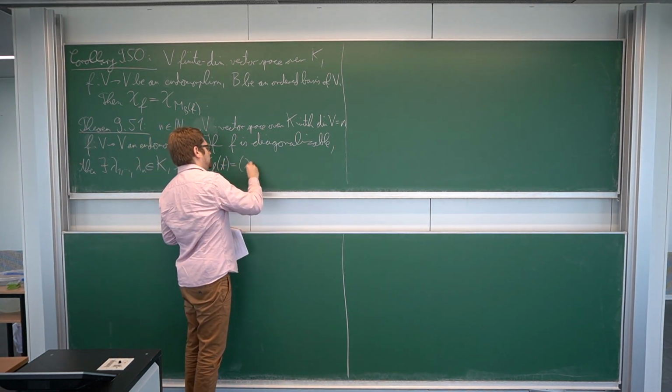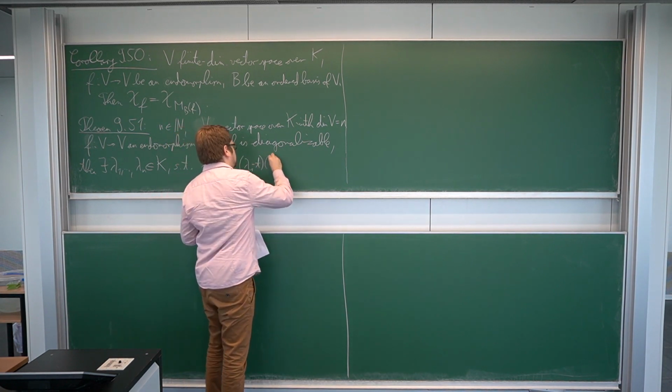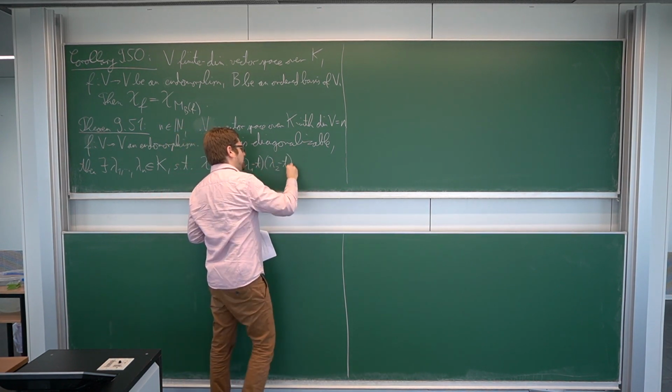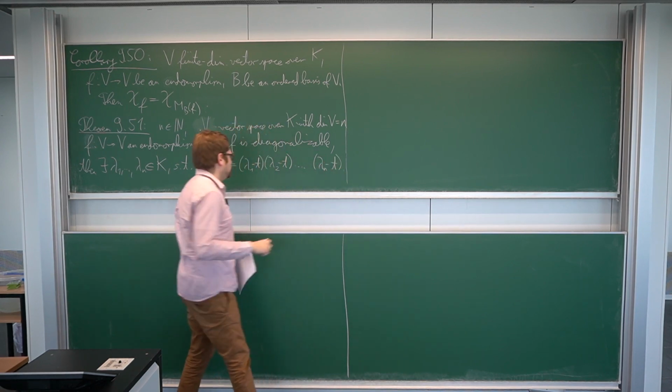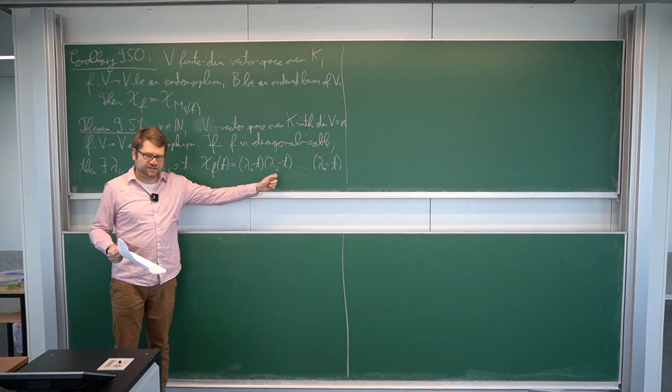It's given by (lambda 1 minus t) times (lambda 2 minus t) times and so on to (lambda n minus t). So the polynomial is really given as a product of linear polynomials.